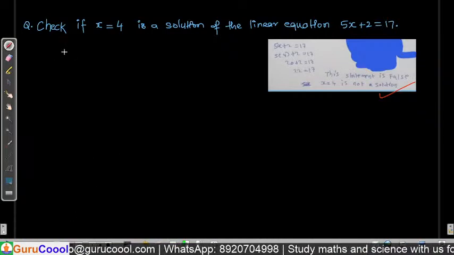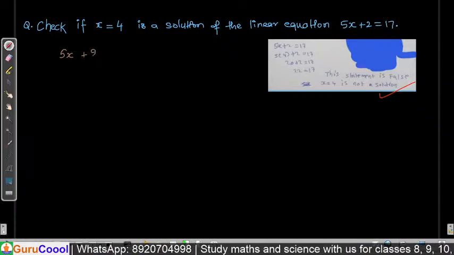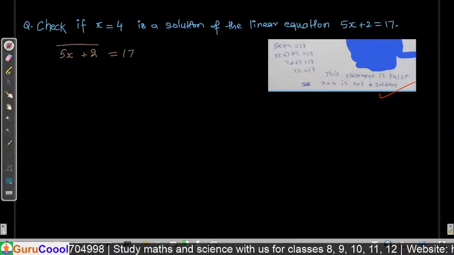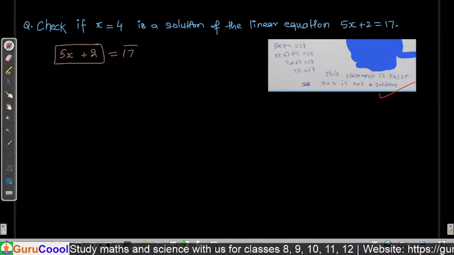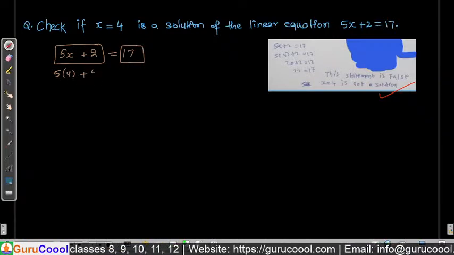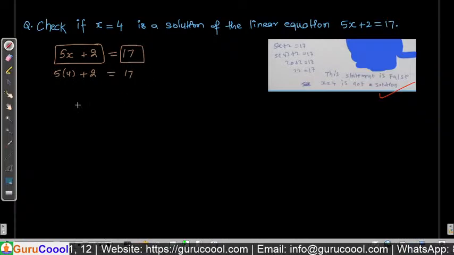So we do the same thing here as well. 5x plus 2 equals 17. So the expression 5x plus 2 must be equal to 17. On the left side, it is 5 times 4 plus 2. On the right side, 17, and in between an equal sign.